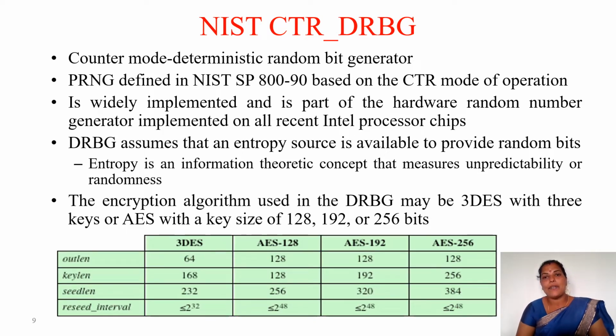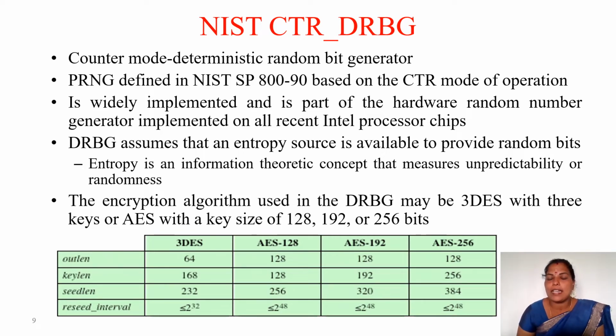We can generate random numbers using hardware also. This NIST CTR deterministic random bit generator is used in Intel processor chips, and it assumes that an entropy source is available to provide random bits.